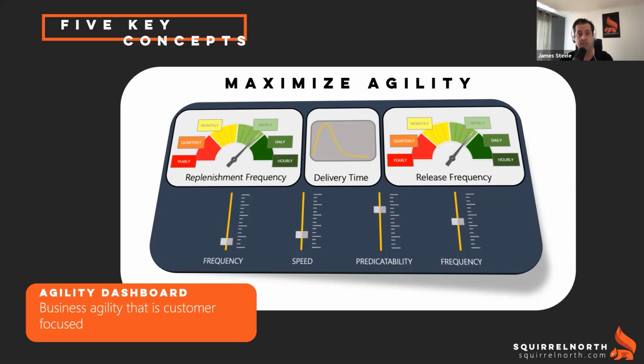We look at our delivery time. And the last one, our ability to release, is how frequently can we get things out the door and into their hands. So notice, all these things are ideas behind the notion of agility, but they're very customer oriented and customer focused.